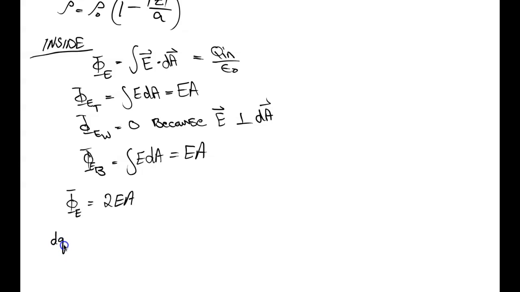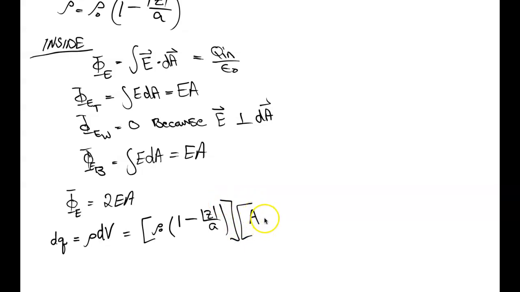And now if we look at a differential element of charge inside of that cylinder, it's the density times the differential element of volume, which is rho naught times 1 minus absolute value of z over a, and the volume is the area of the cylinder times the small height in it.